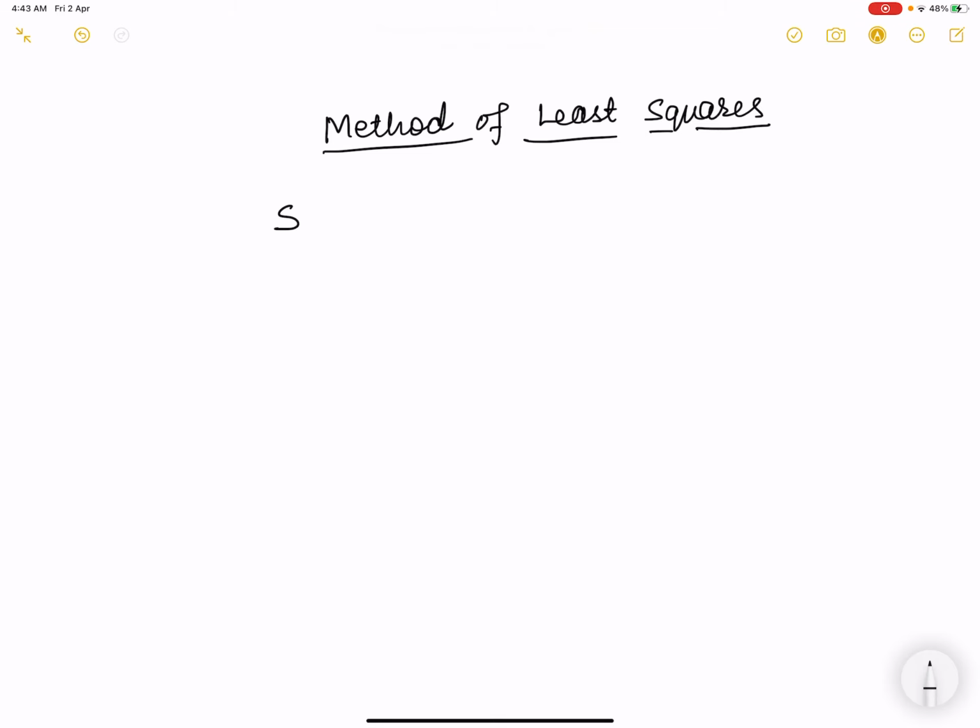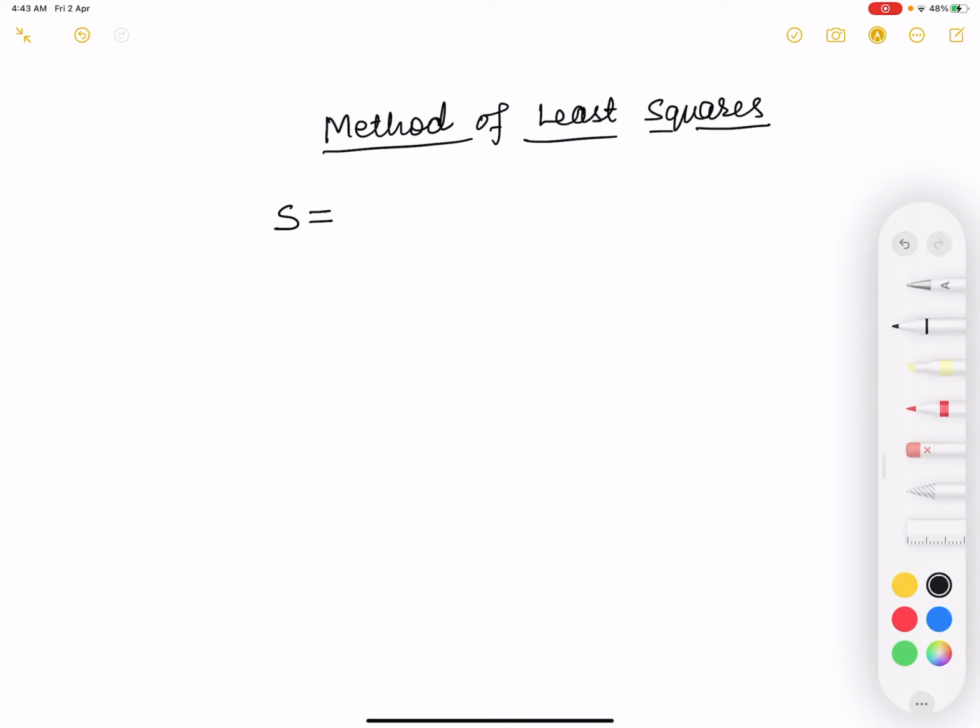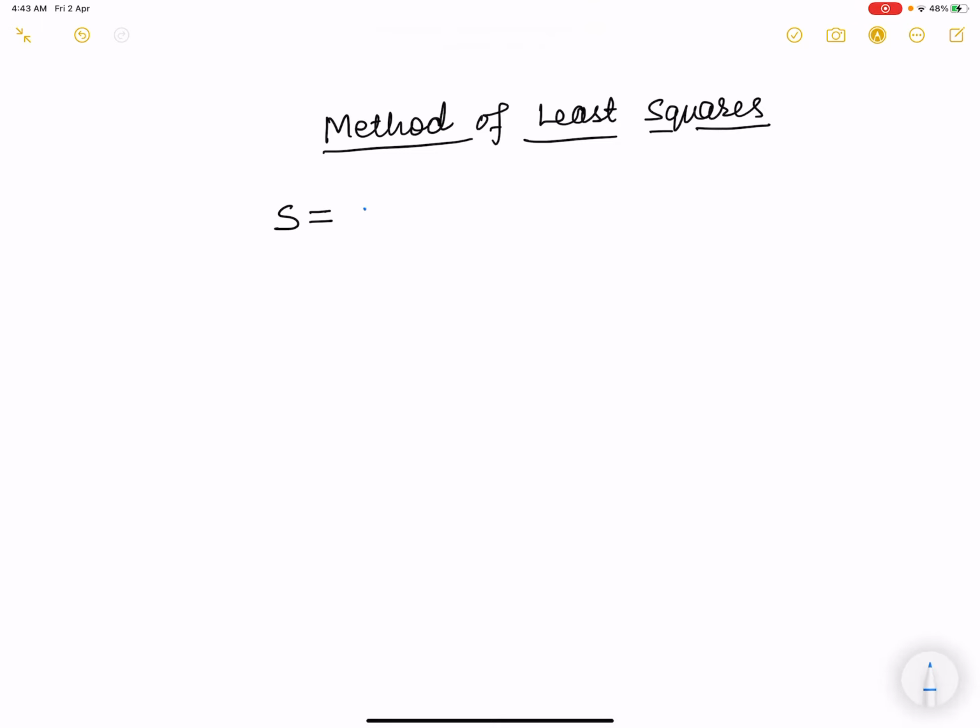After finding the sum, which is coming out to be, say, S is equal to E1 square plus E2 square, and so on, plus En square. This was the error. And if you remember, what was E1? It was (y1 minus a minus bx1) square. Similarly, what was E2?